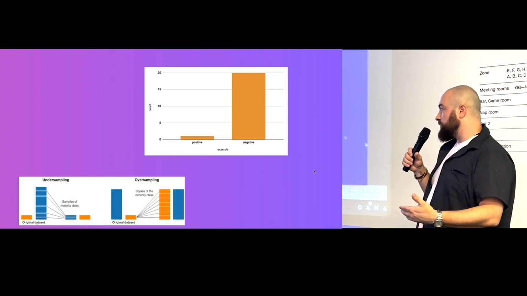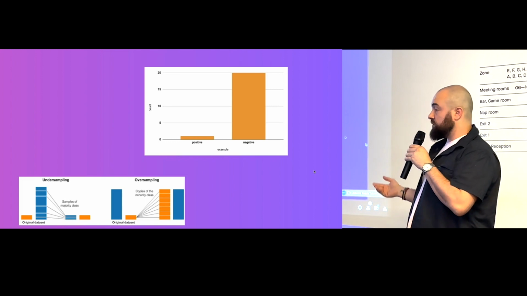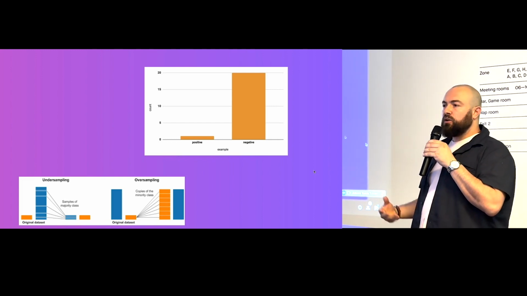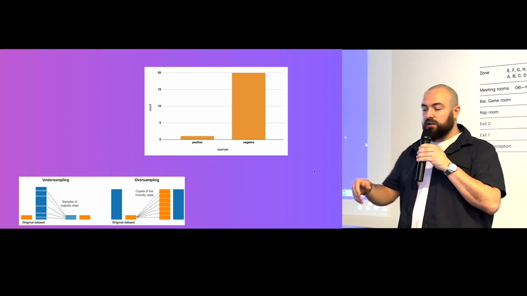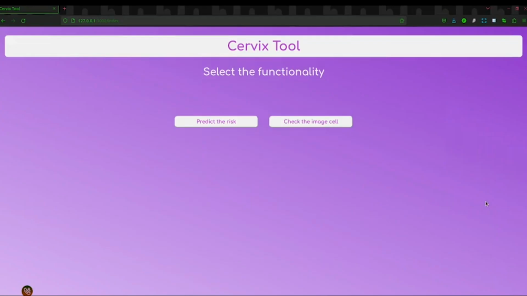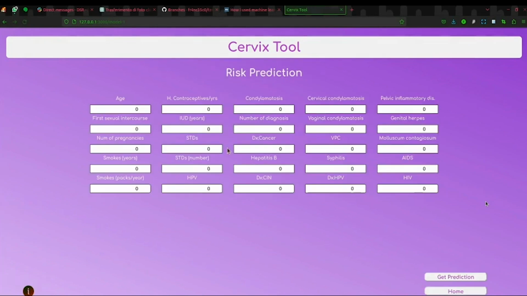And then we tried different algorithms, also using the Lazy Predict library that allows you to compare many different algorithms quickly. And this is our interface, simple and flat. By clicking on the predict the risk button, you access this page with a grid, labels, and input cells.